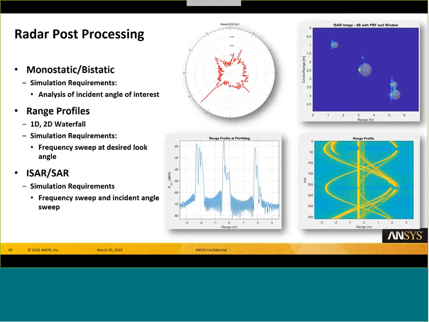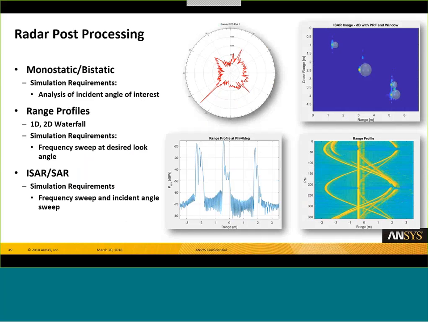So up until now, we've really been focused on monostatic or bistatic RCS. And as it turns out, there's a lot more information to be obtained. And this is really where range profiles and inverse synthetic aperture radar imaging comes in. So at very little additional cost, we can augment the settings of a monostatic or bistatic analysis to obtain these results.